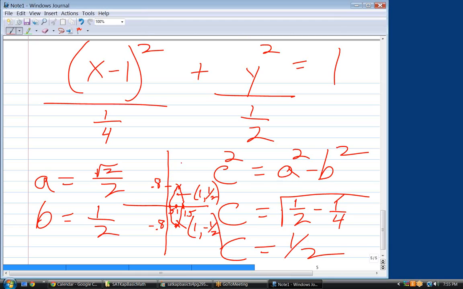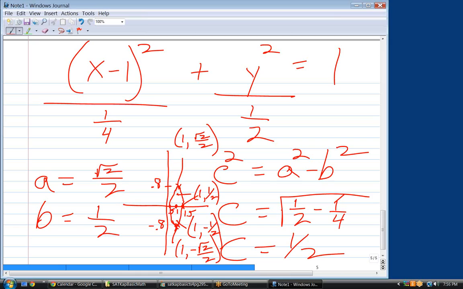And if we need to define that major vertex right there, that is 1, root 2 over 2. This one down here is 1, minus root 2 over 2.